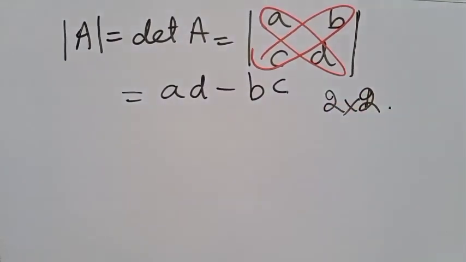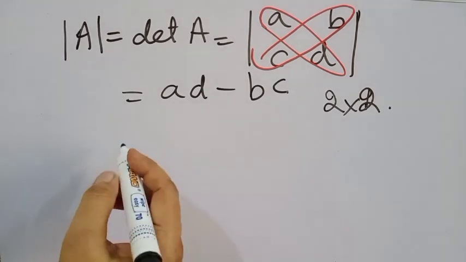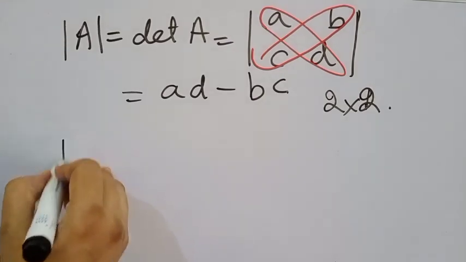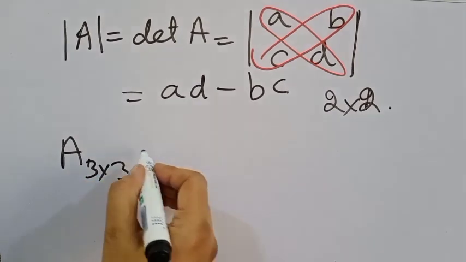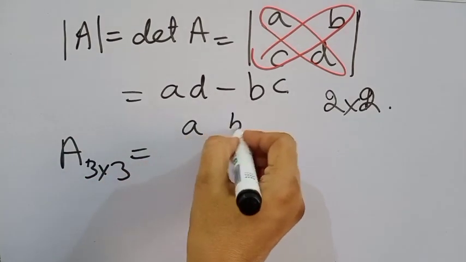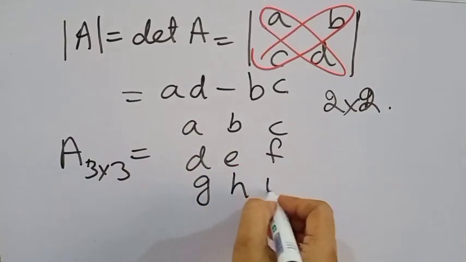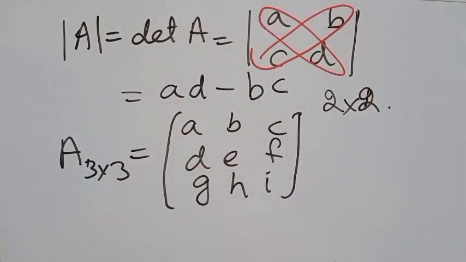But when we have to find the determinant of a 3 cross 3 matrix, let us take an example. A is a matrix of 3 cross 3, equal to a, b, c, d, e, f, g, h, i. This is a matrix of 3 cross 3.